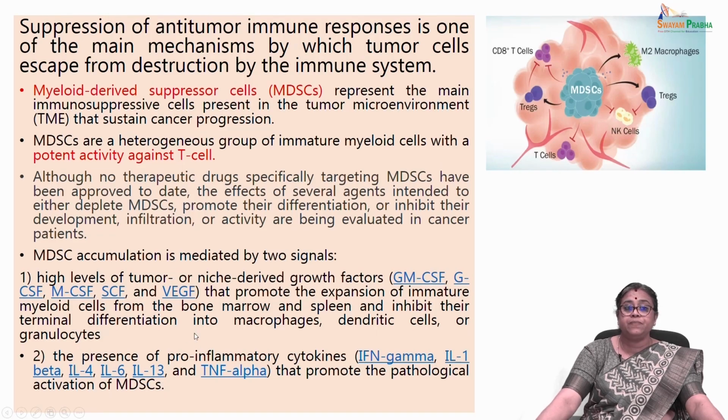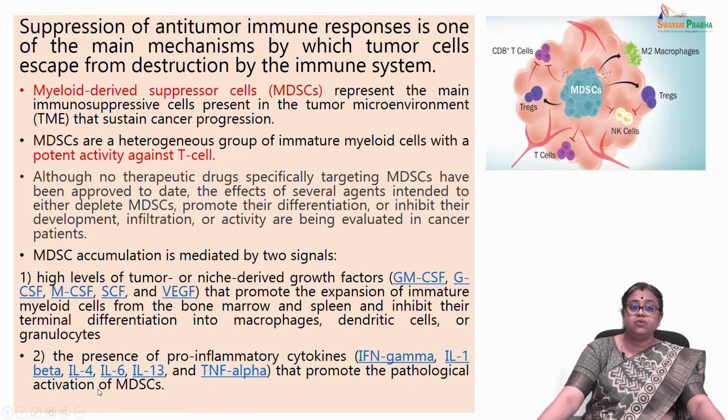Therefore, there is an inhibition in their terminal differentiation. Secondly, the presence of pro-inflammatory cytokines, which are released from the tumor, like interferon gamma, IL-1 beta, interleukin 4, interleukin 6, IL-13, TNF alpha. All these promote the pathological activation of these MDSCs.